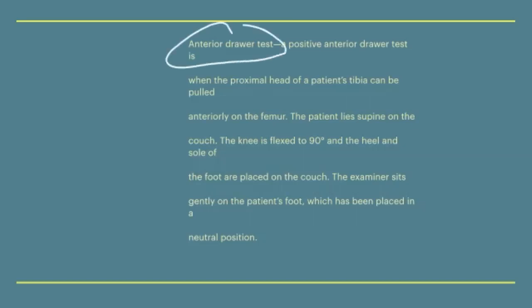Anterior draw test: a positive anterior draw test is when the proximal head of the patient's tibia can be pulled anteriorly on the femur. The patient lies supine on the couch. The knee is flexed at 90 degrees and the soles of the feet are placed on the couch. The examiner sits gently on the patient's foot, which has been placed in a neutral position.